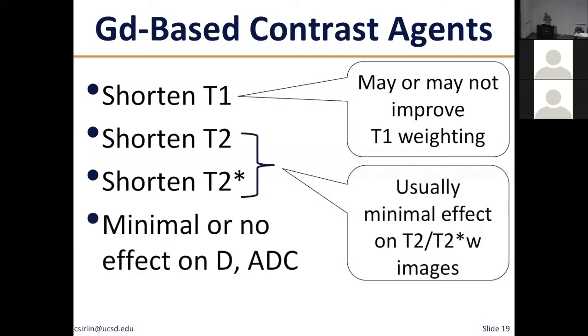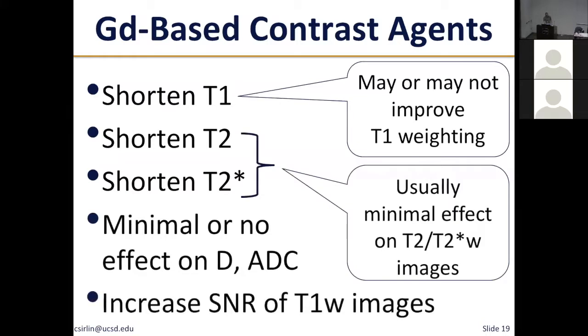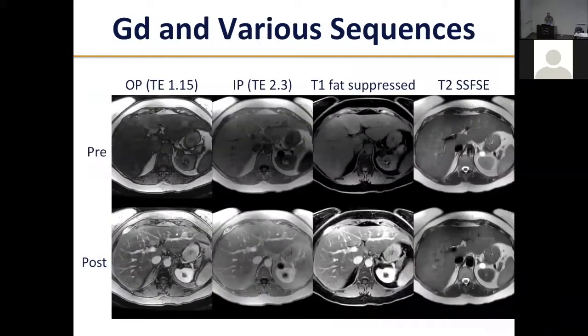Gadolinium has little or any effect on diffusion weighted imaging, and on the ADC, and I'll show you that in a second. And gadolinium increases the signal to noise of T1 weighted images. So we're going to go through all of these things now with some examples. So first of all, let's look at the effect of gadolinium on different sequences.